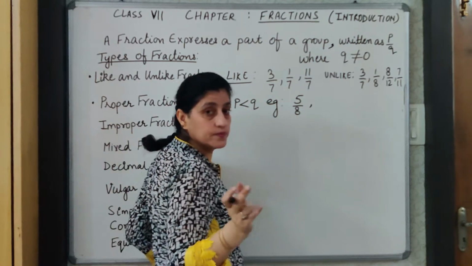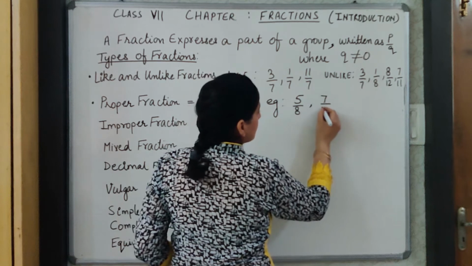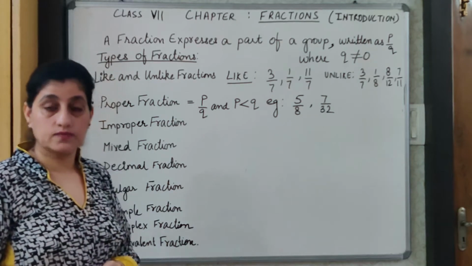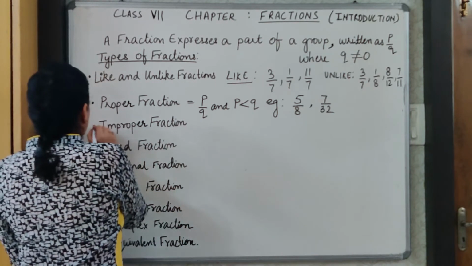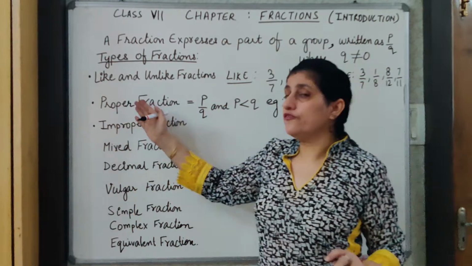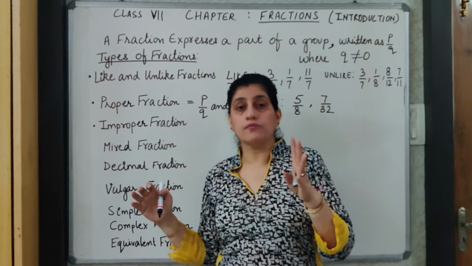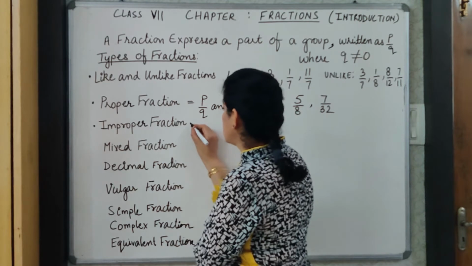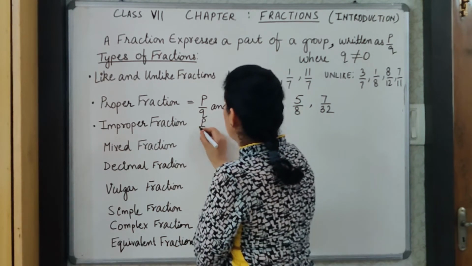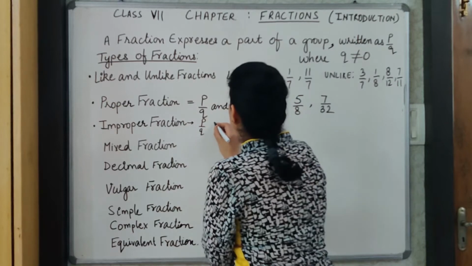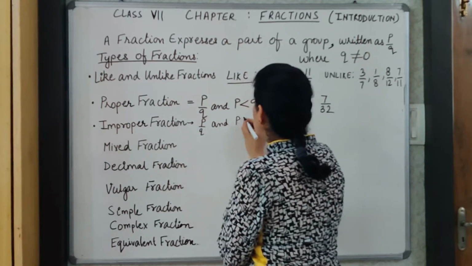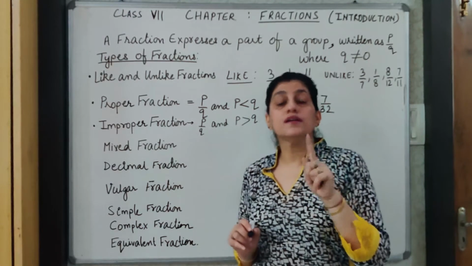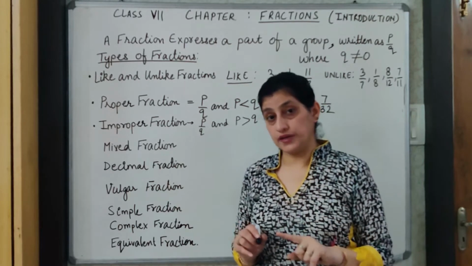Any other example? 7 upon 32 is also an example of a proper fraction. Next, improper fraction. If proper fraction is clear to you, I think now in your mind you will be getting what is an improper fraction. So an improper fraction is also expressed in the form of p upon q, but here p is greater than q, means the numerator will be larger than the denominator.